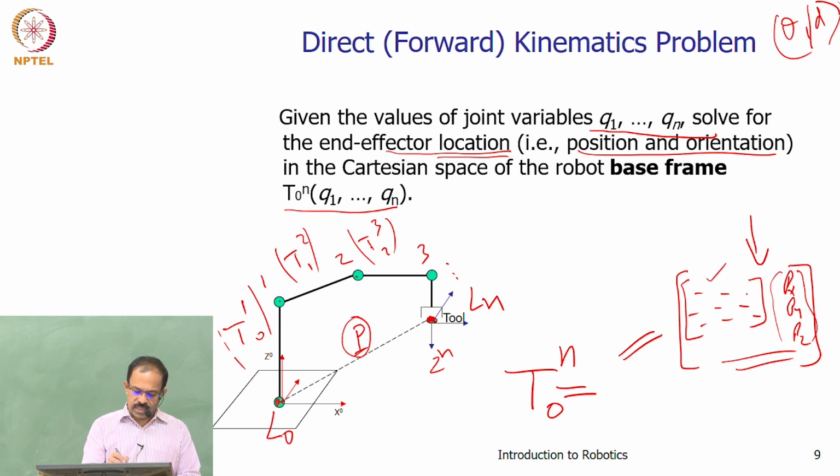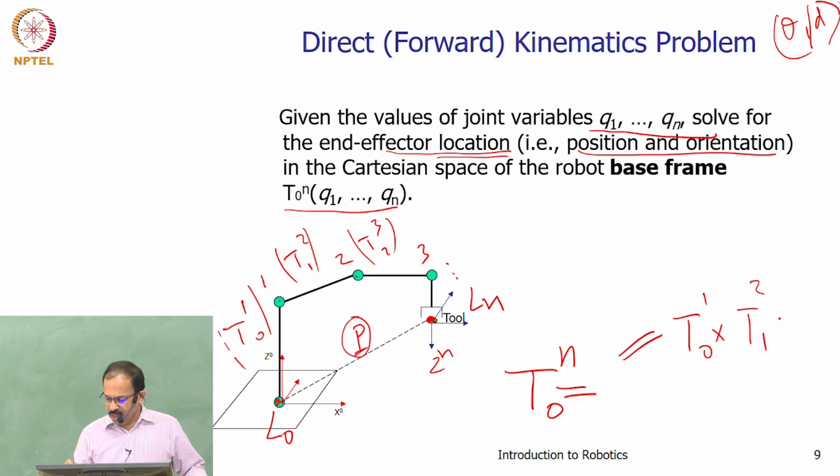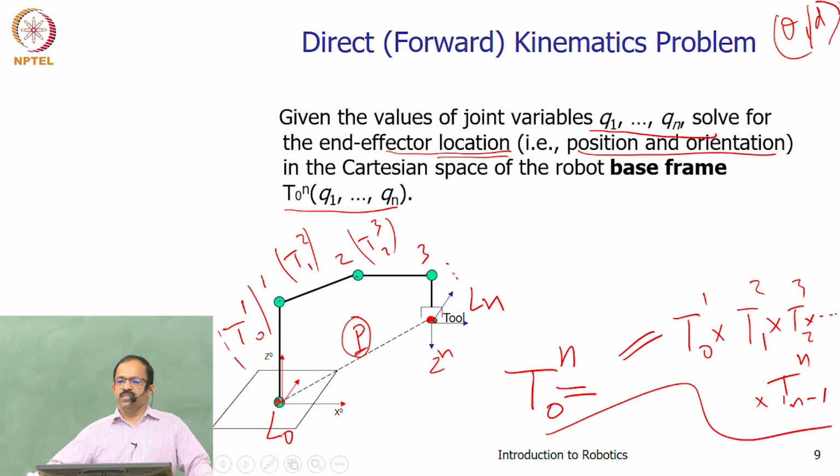If we know the individual transformations, we can use them to get Tn0 by simply multiplying the transformation matrices. So I will write it as T10 multiplied by T21 multiplied by T32, up to n minus 1 to n, which gives me Tn0. That is the only thing we need to know.